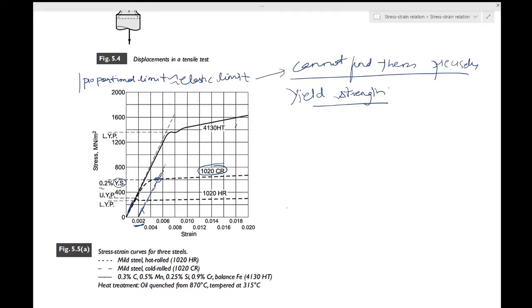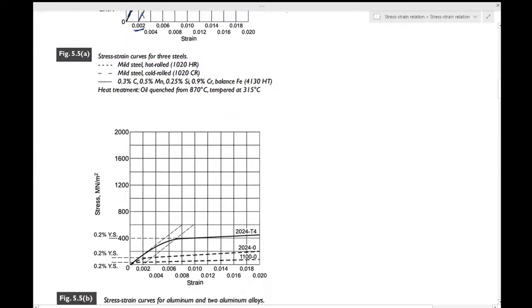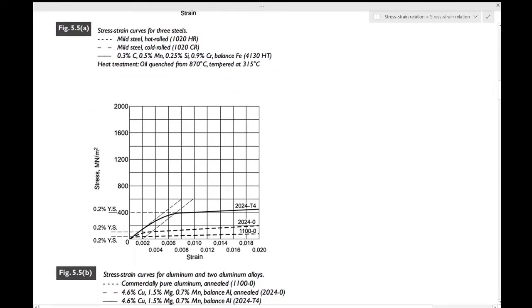So that is done over here. Let's see, you have another example where this is done. So you go up, and for this material the yield strength can be found by the intersection of this line with this one. For this material the intersection can be found as this value, and for this material the intersection can be found as over here, so slightly under 400 I would say.